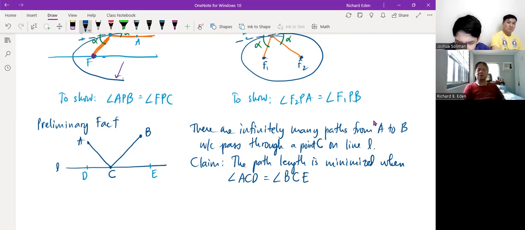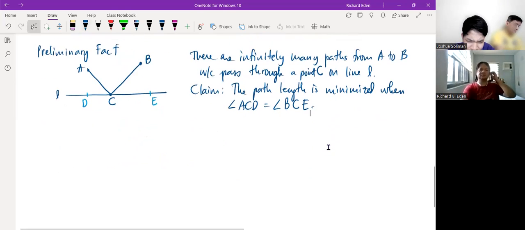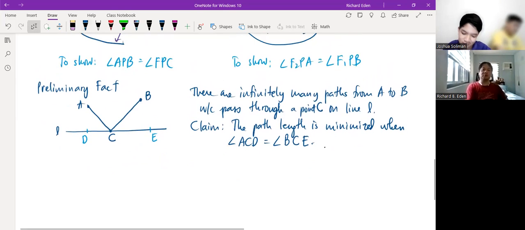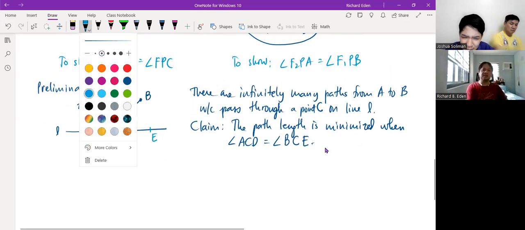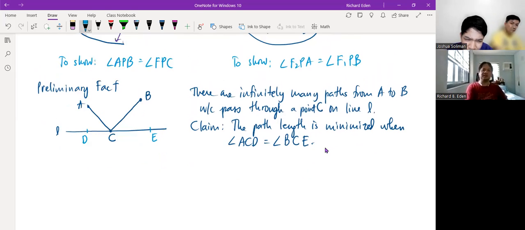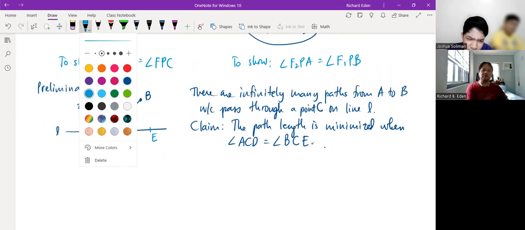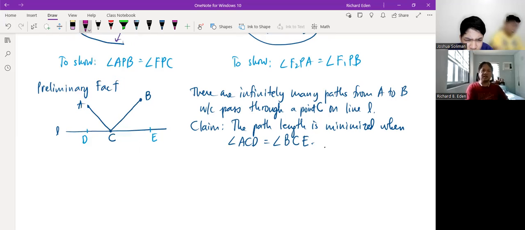Right. So, all right. Okay. So you're familiar with this already, no? The idea behind it is, suppose you take the reflection of B on the other side, B prime. Then it would be a straight path.